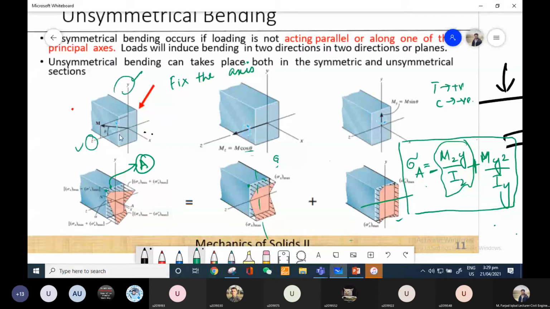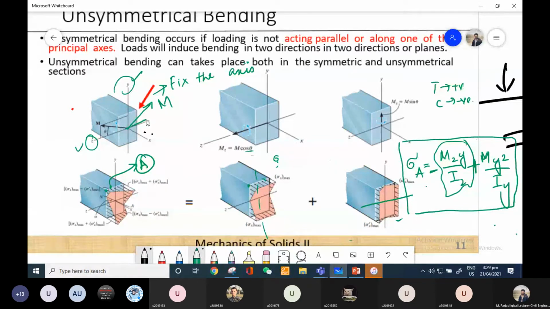Now if I want to find out the stresses at any point, I will simply look into this direction of movement. Let's suppose I have a question in which my movement, or the resultant movement, is somewhere here. Now I have to transform the movement. MZ is towards the right side and MY is in the upward direction.